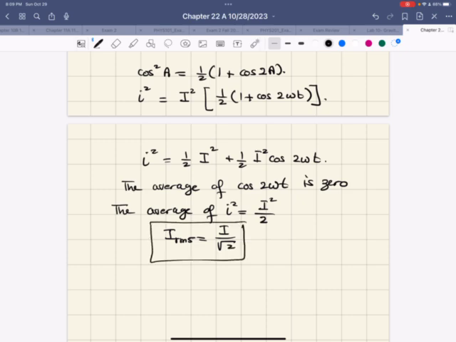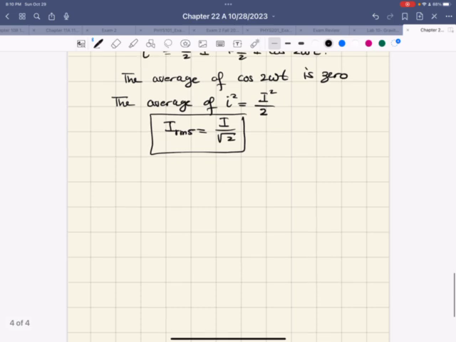This is how we verify that this is the IRMS. And just as I said, it's just an average quantity. Now also, VRMS is V divided by square root of 2.